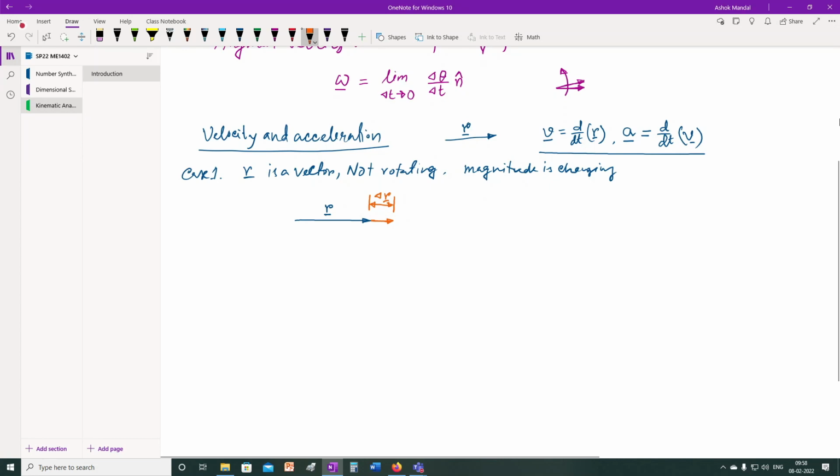And we define a unit vector along this direction. Let us call it E1.